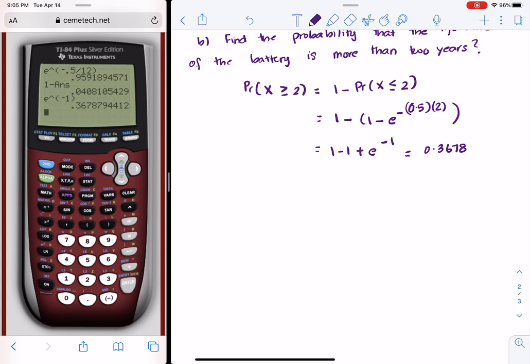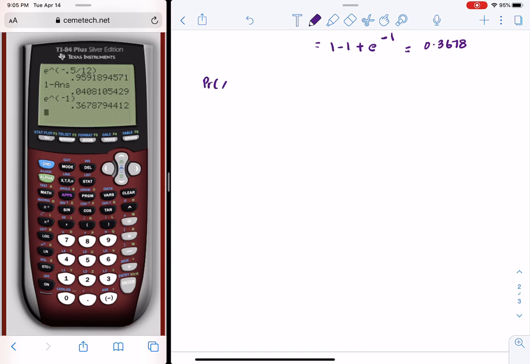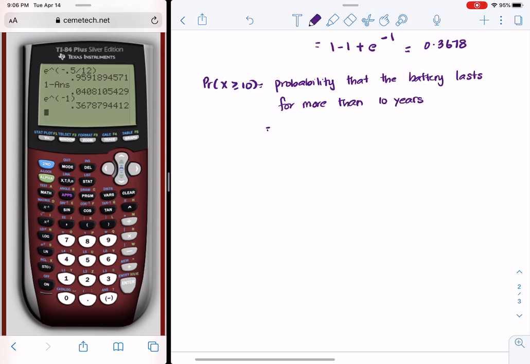In that case, we simply replace, and that would simply be e raised to negative 0.5 times 10.